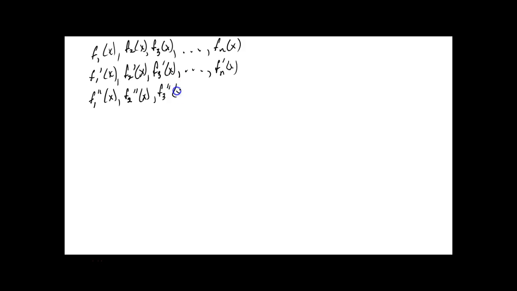So what you do then is take n minus 1 derivatives of them. You take f sub 1 prime of x, f sub 2 prime of x, f sub 3 prime of x, dot, dot, dot, all the way up to f sub n prime of x. Then f sub 1 double prime of x, f sub 2 double prime of x, f sub 3 double prime of x, up to f sub n double prime of x.